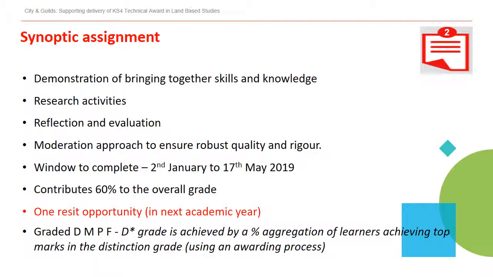It is graded from distinction star, distinction, merit, pass or fail. The D star grade is achieved by a percentage aggregation of learners achieving top marks in the distinction grade using an awarding process.